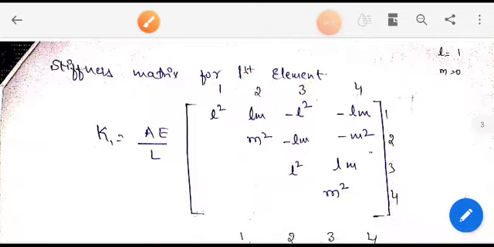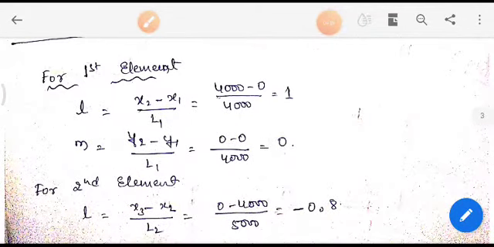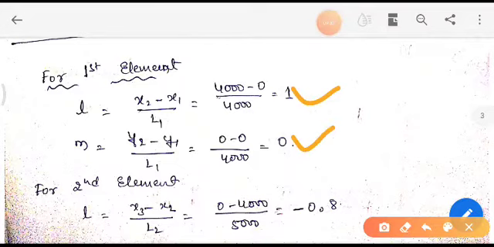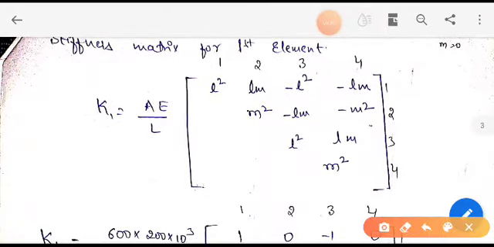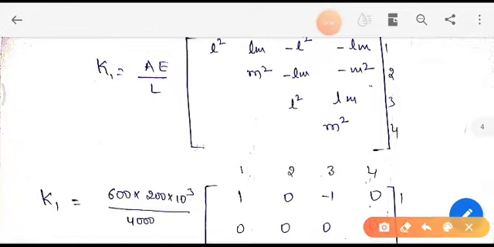Now we need to substitute the direction cosines for the first element. Direction cosines are nothing but 1 and 0 for the first element. Those we need to substitute over here. L is 1, so L square is 1, M is 0, so LM is 0, minus L square means minus 1, and LM again is 0.